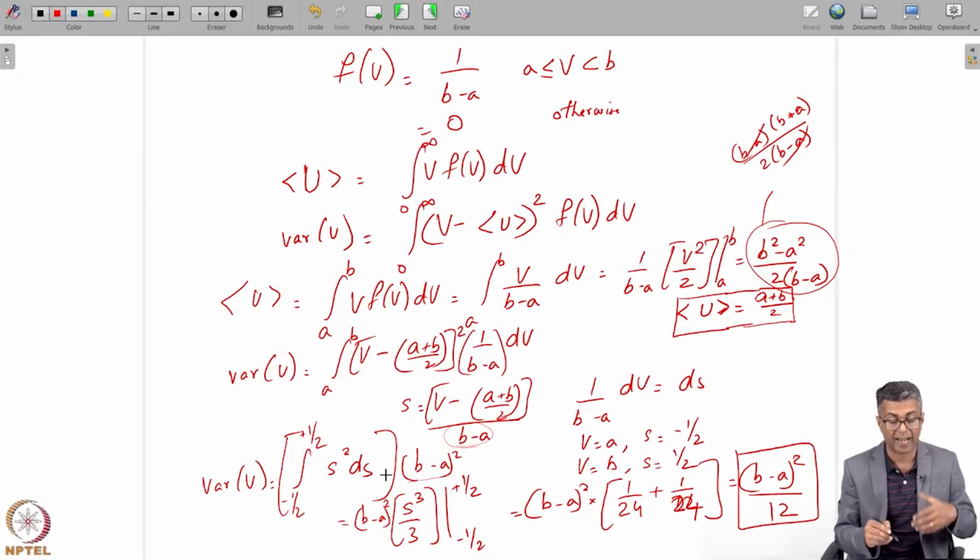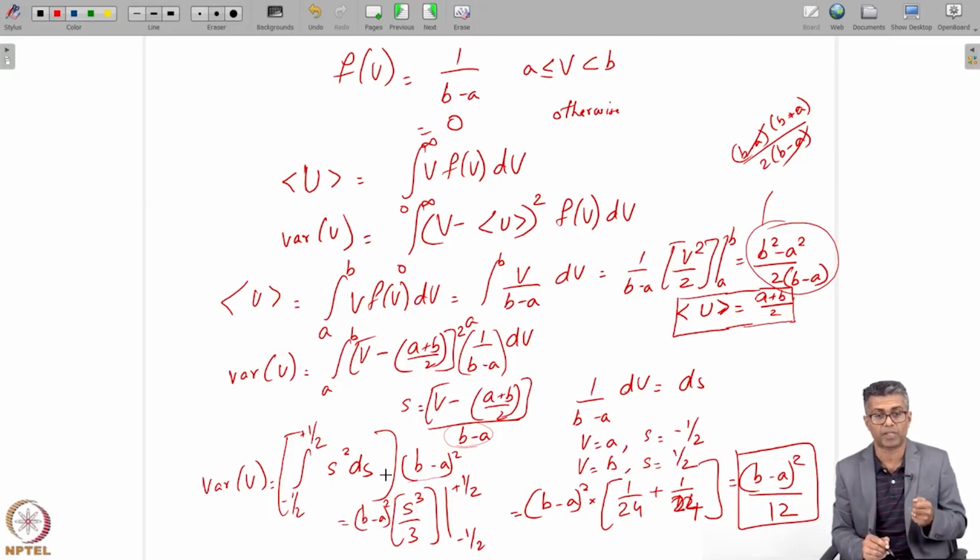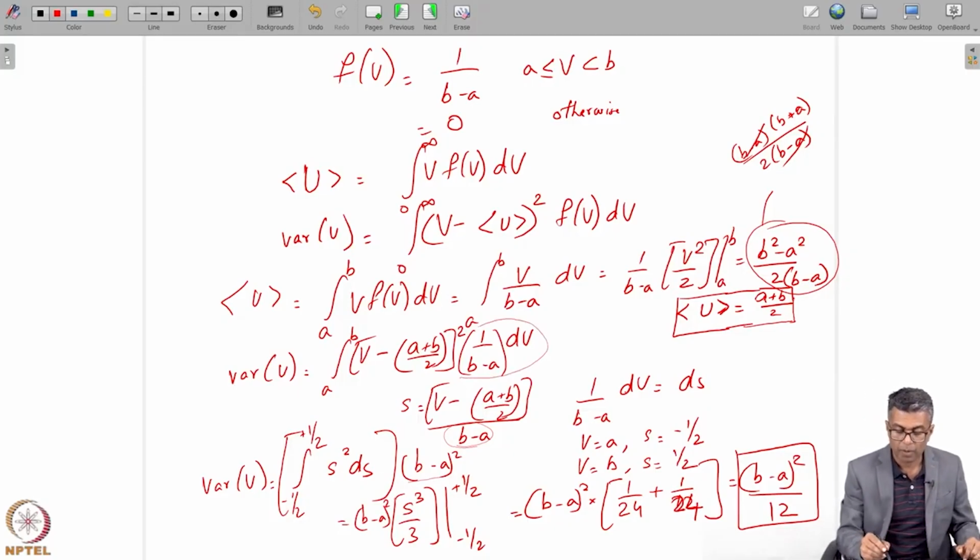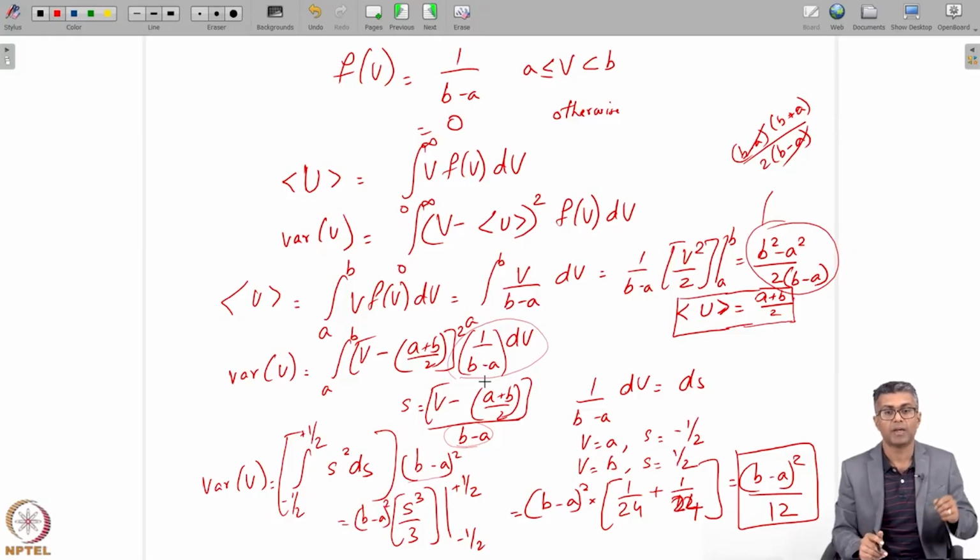I end up multiplying by (b − a) squared just so that I can get my s squared completely. Now this 1/(b − a) times dv basically gets lumped into this ds, isn't it? 1/(b − a) times dv becomes ds.